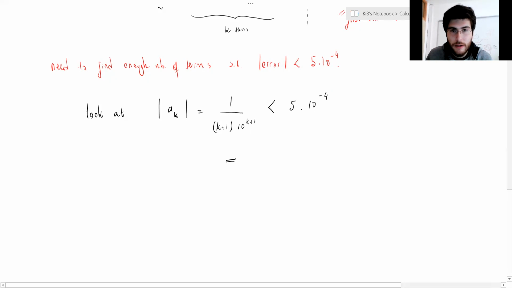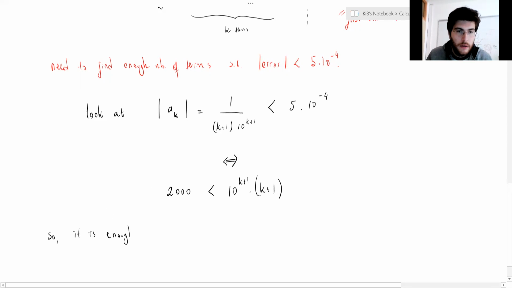But this is exactly, by just changing the places, we have 2000 less than 10 to the k plus 1 times k plus 1. Okay? We just did a cross product, right? Fine, that's all. So if you look carefully, it is enough to take what? k equals what? How can you ensure this inequality?